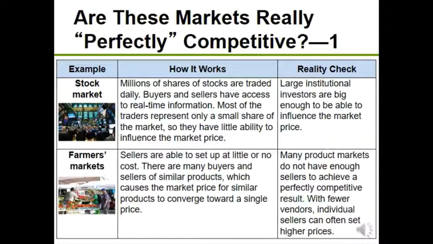Though it hasn't been described in our textbook so far, with these markets, there is an assumption of perfect information. What does that assumption of perfect information mean? It means that everyone knows everyone's cost and benefits.